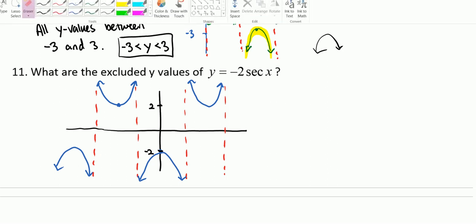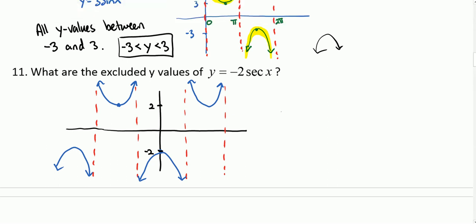The y values that are not included. All y values between negative 2 and 2.